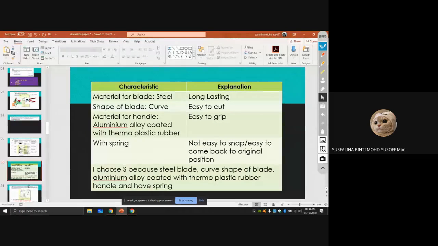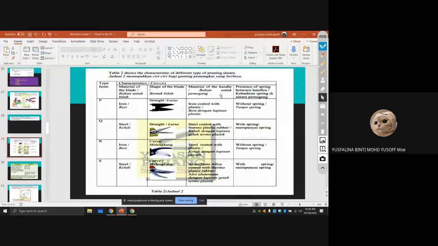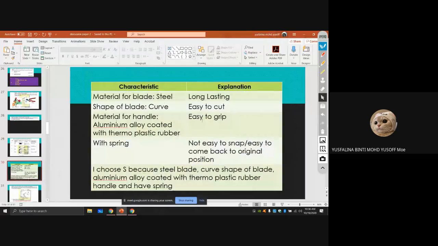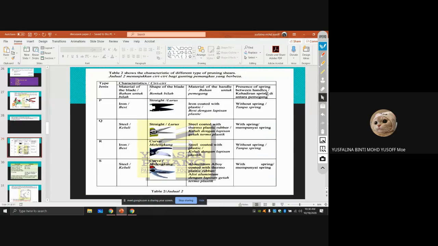The next one is the material of the handle. The material should be aluminium alloy coated with thermoplastic rubber. Why? Easy to grip. And then the last one is the spring. Whether you should have a spring between the handles, the answer should be yes.